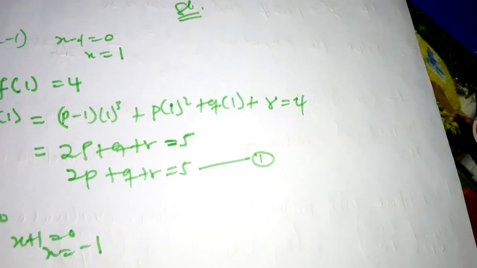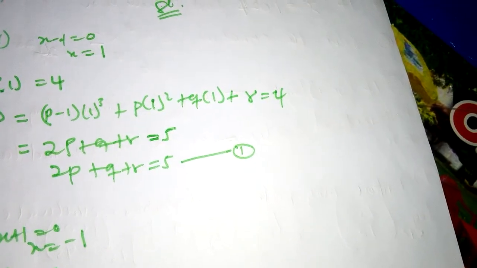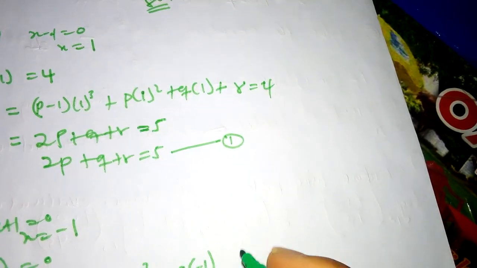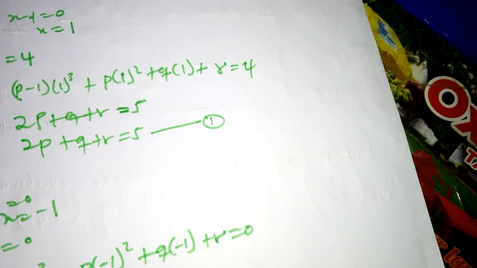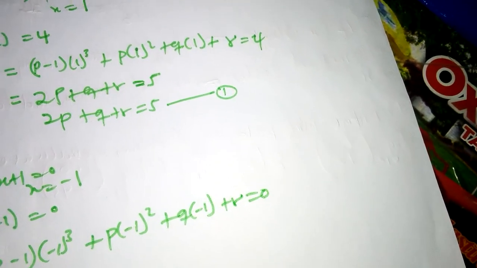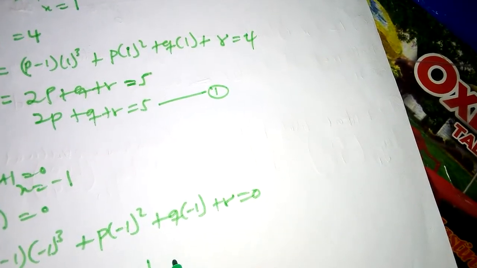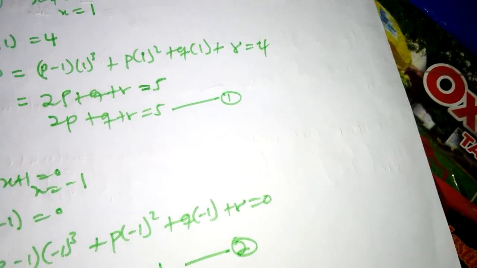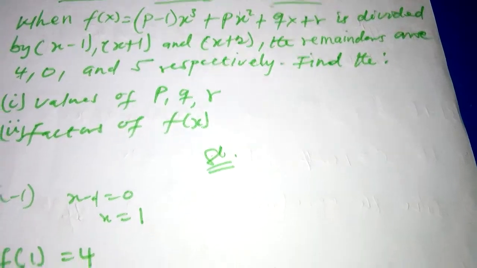That gives us p minus 1 times negative 1 cubed plus b times negative 1 squared plus q times negative 1 plus r, and we equate it to 0. If you simplify, you get minus q plus r equals negative 1, and that gives us equation 2.